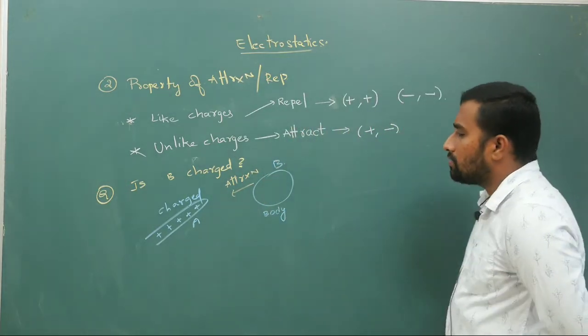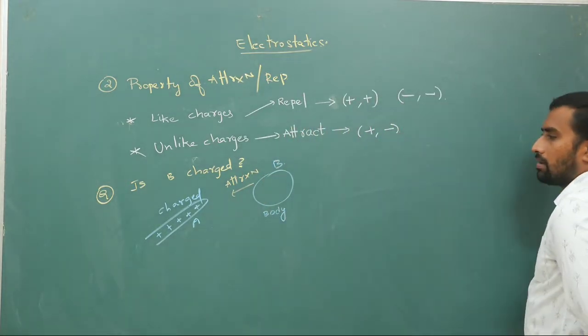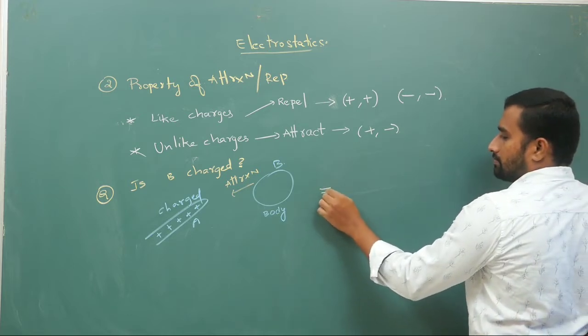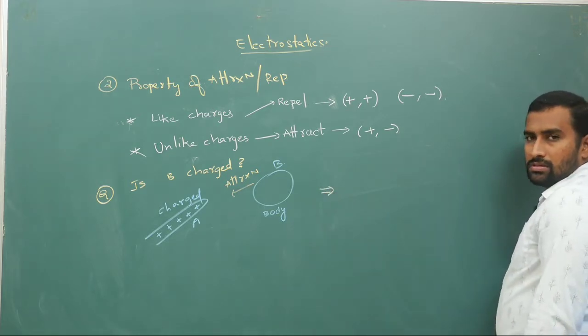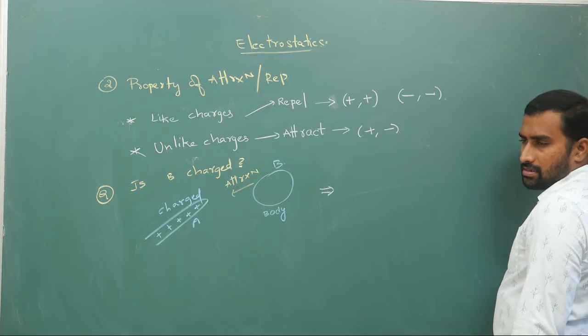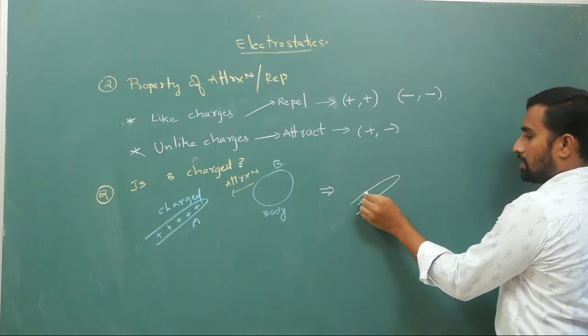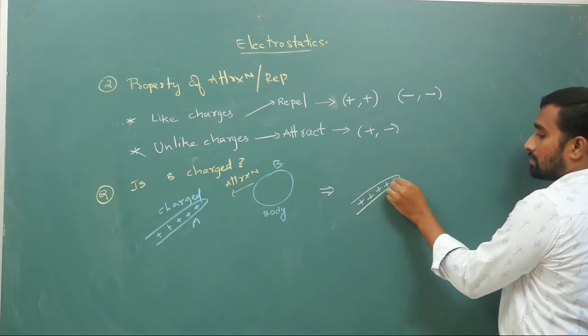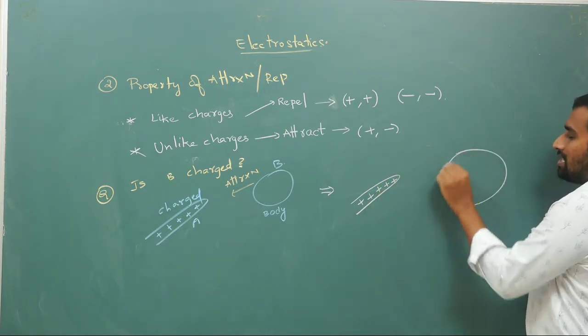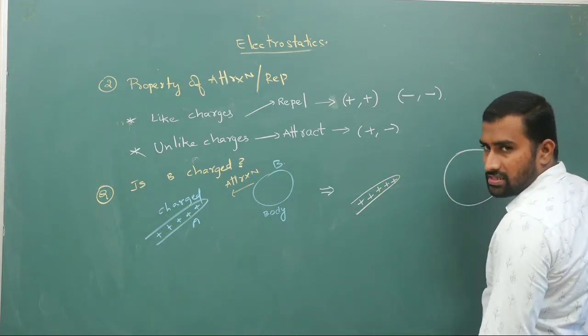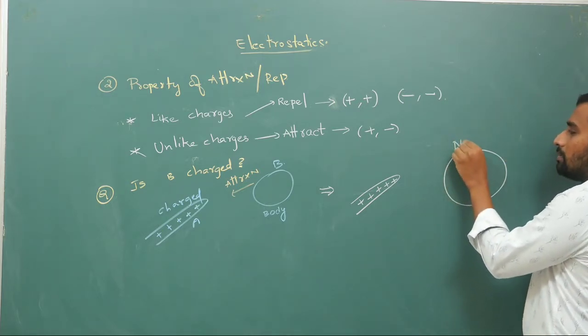Now I will tell you. Observe carefully. There are two possibilities here. When you are bringing a positive charge like this, initially it is, for example, a neutral body.